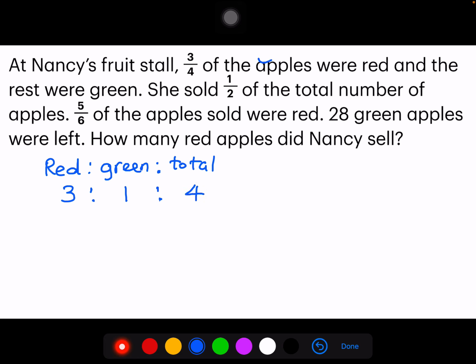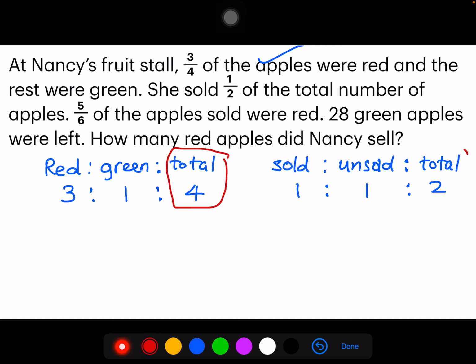The next part, she sold half of the total, so I will have sold, unsold, and total. So I will have 1 is to 1 and total 2. And bearing in mind, they should have a constant total, so I can change them into a ratio that is of the constant total.